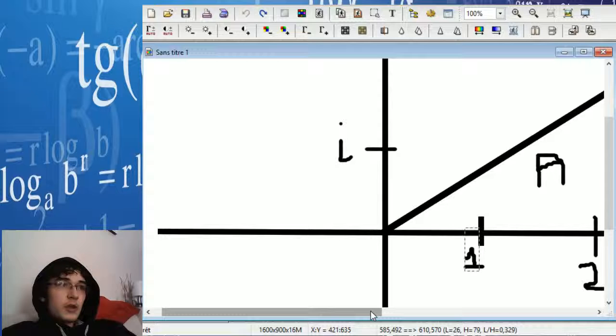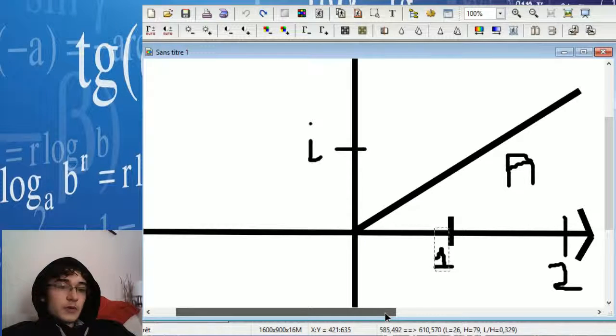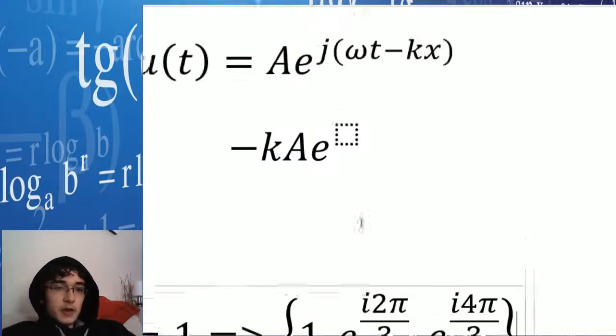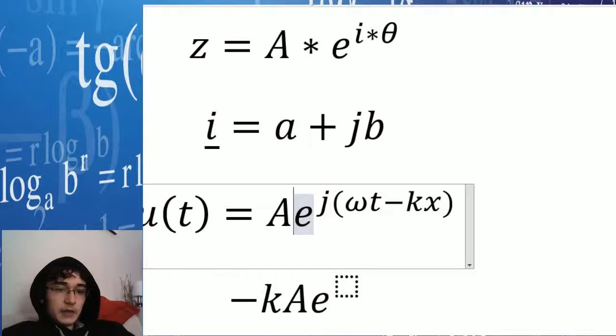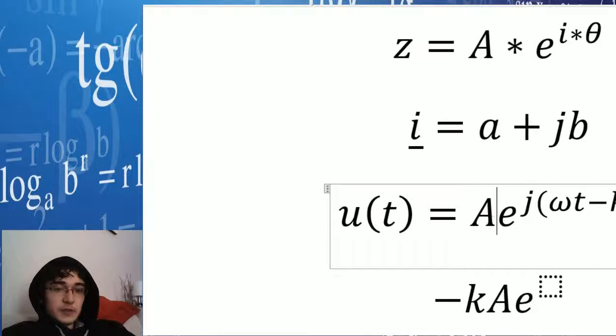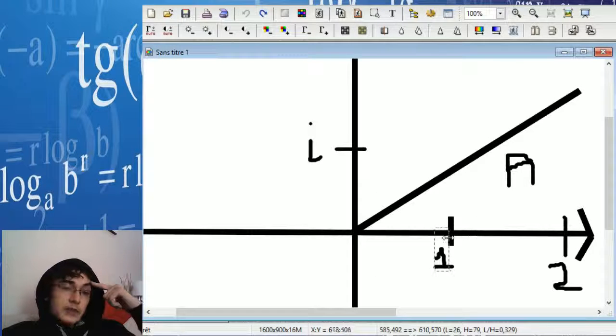I forgot to say that the module A, when you write it like this, is always positive, not in physics but in math. So the module to the power 3 must be 1, so the only real positive solution is that A equals 1.